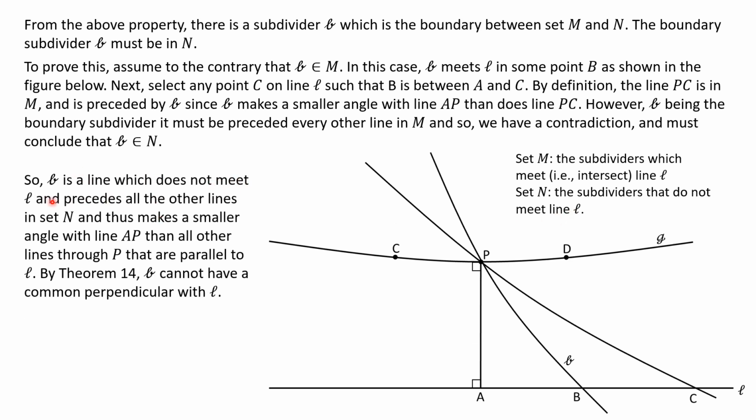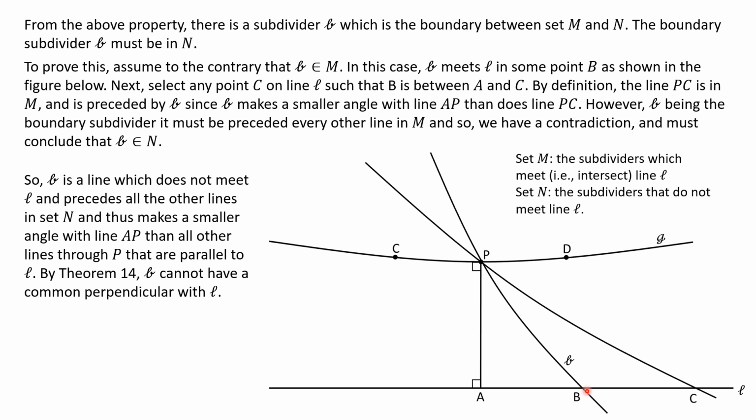So B is a line which does not meet L and goes through P and precedes all other lines in said N, and thus makes a smaller angle with AP than all other lines through point P that are parallel to L. But Theorem 14 told us that B cannot have a common perpendicular with L in that case, because there was no line that made the smallest angle with AP that had a common perpendicular with L. So we've found a line B which goes through point P, is parallel to L, but does not have a common perpendicular with line L. And we could do the same thing on the left, which I'll mention on the next slide here.